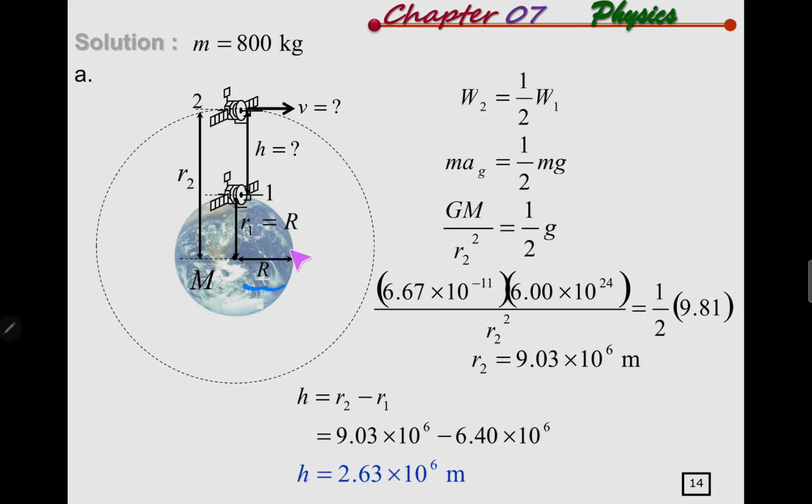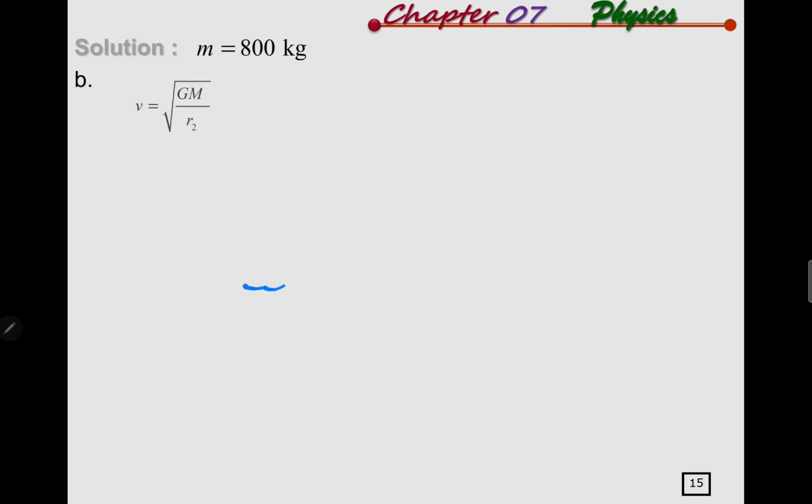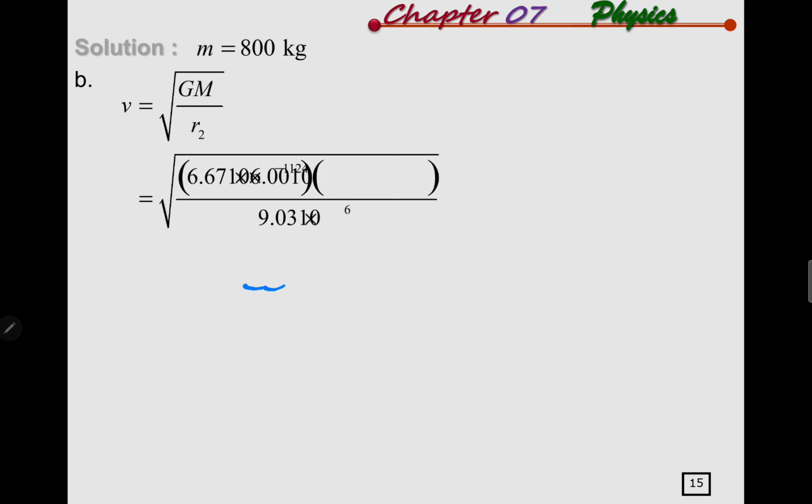You end up with the height from the surface, which is equivalent to 2.63 times 10 to the power of 6 meters. Having done this, we can apply the distance from the center into the GM over r equation to find the velocity, which ends up as 6.66 times 10 to the power of 3 meters per second.